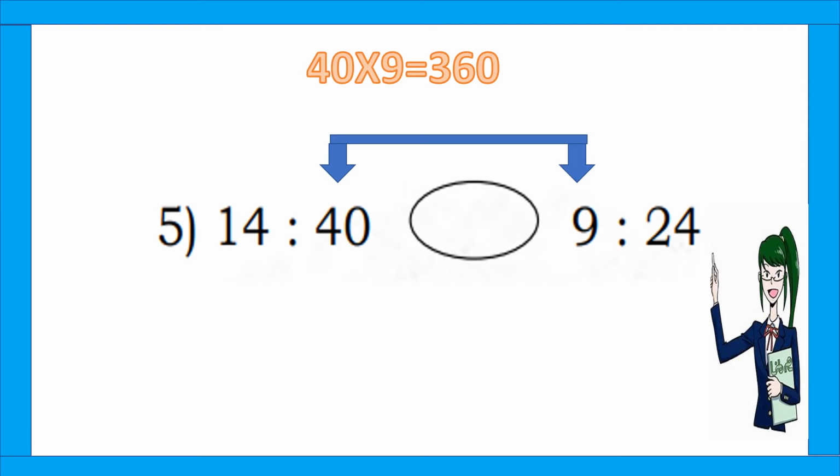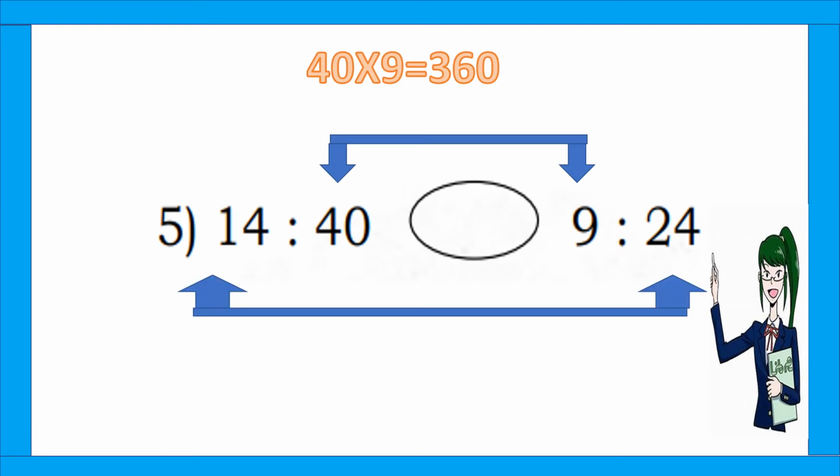The extremes are 14 and 24. Get the product of the extremes. 14 times 24 equals 336. The products are not equal, so therefore 14 to 40 and 9 to 24 are not equal.